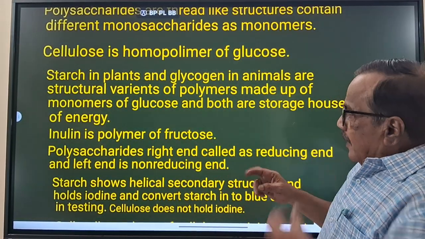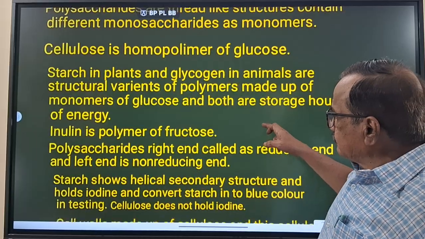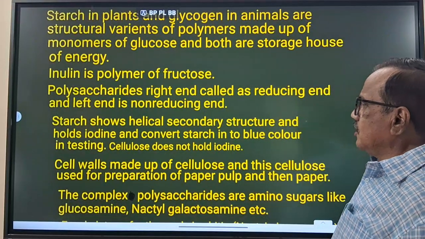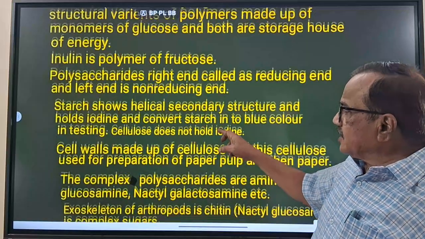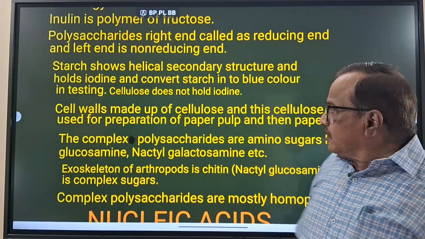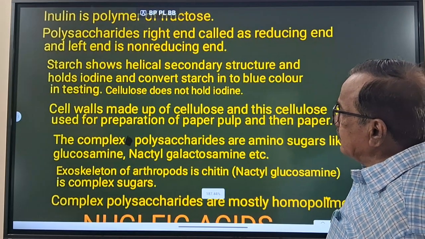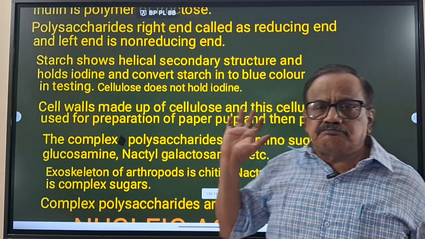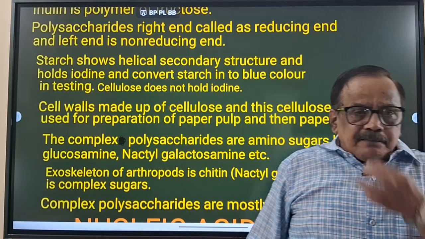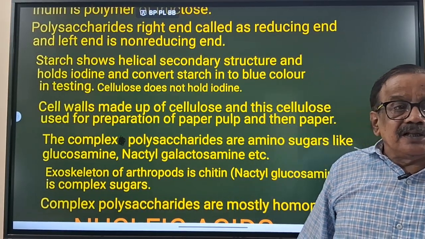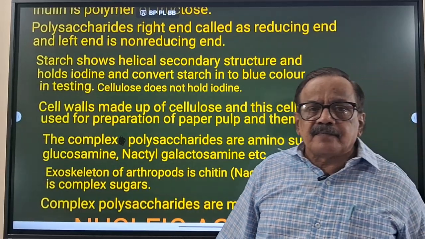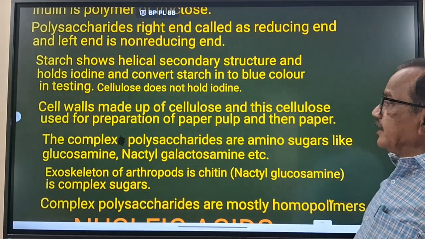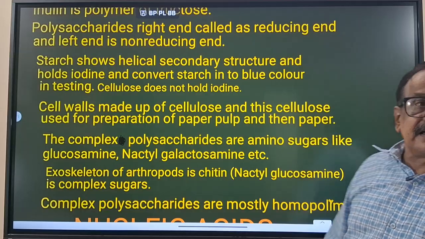Now here you see one more, and next will be the cell walls. The cell wall of the plant is made up mostly of cellulose. So next, why are we telling that much?